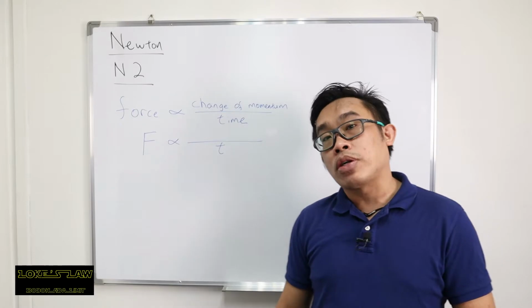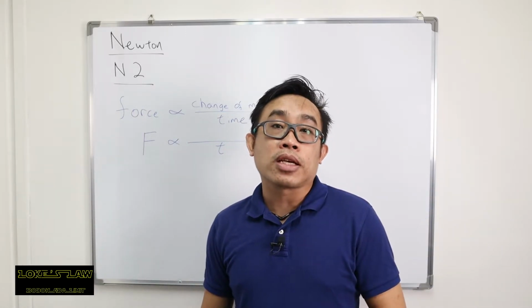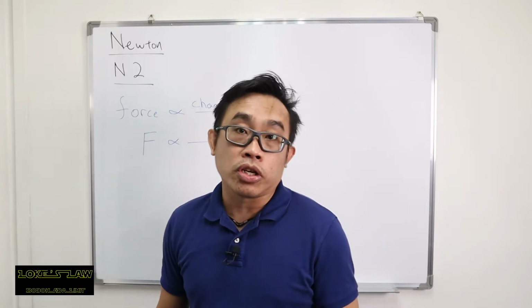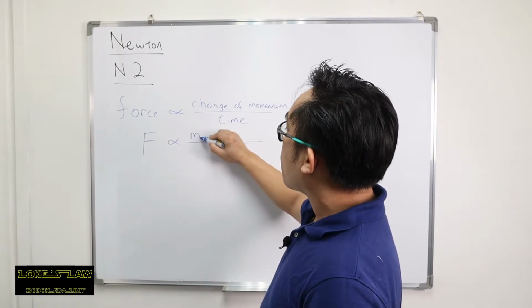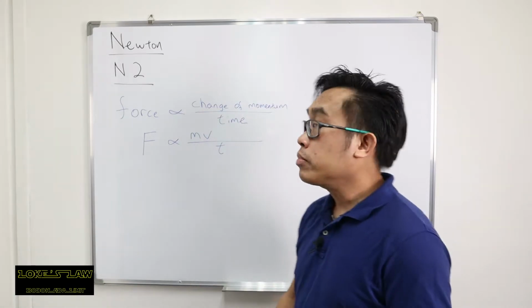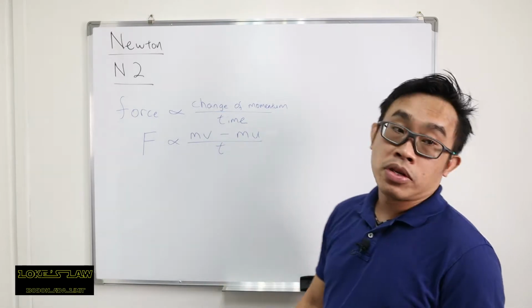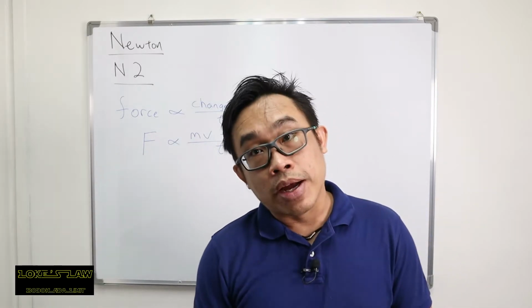Momentum is the product of mass and velocity. The change of momentum refers to the final momentum minus the initial momentum, the difference between them.